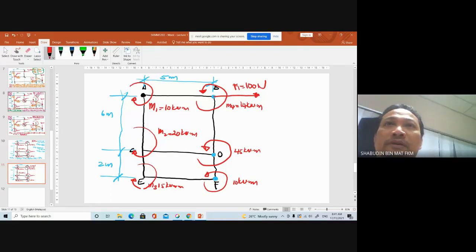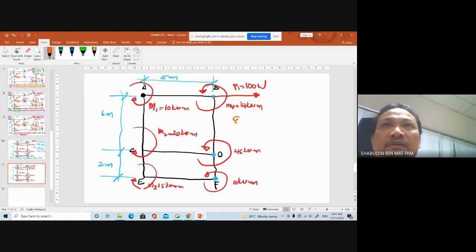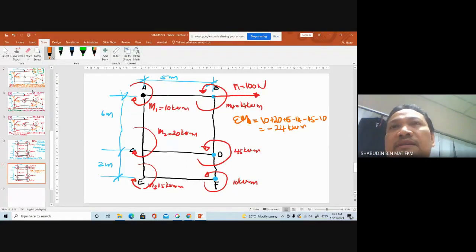So you do the moment at point A. Summation of moment at point A is still 10 plus 20 plus 15 minus 14 minus 45 minus 10, which equals negative 24 kilo Newton meter, if I'm not mistaken. That doesn't involve the distance.